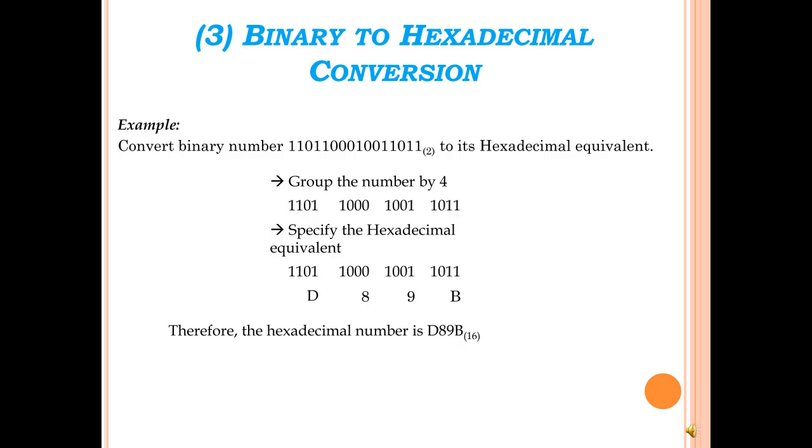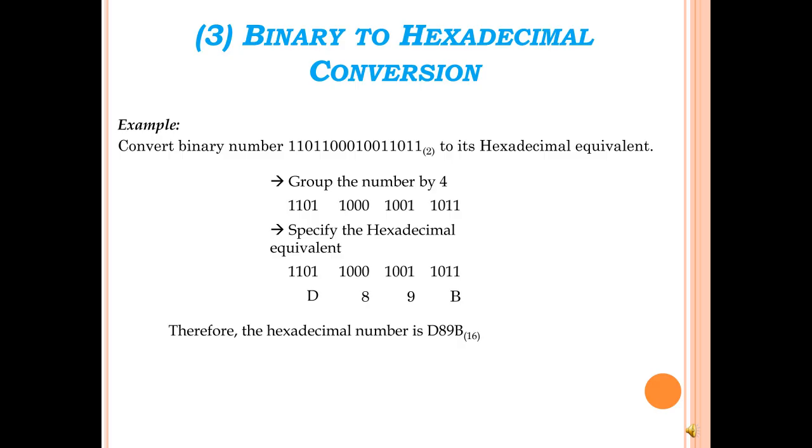Now we will divide the number into groups of 4. That means the number will be divided as 1101, 1000, 1001, 1011. And after that, we will specify the hexadecimal equivalent of those numbers.